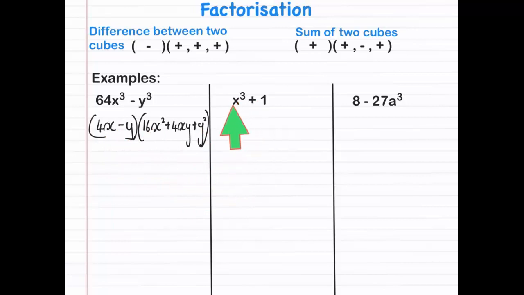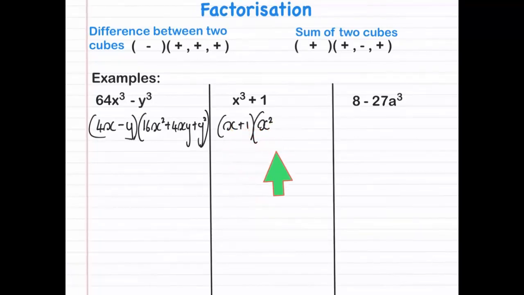How about this one? Well, no common factor, no difference between two squares, no trinomial, no grouping. This is a sum of two cubes, because I can get the cube root there and there. And this will be x plus 1, because the cube root of 1 is 1. Then this will simply be x squared.